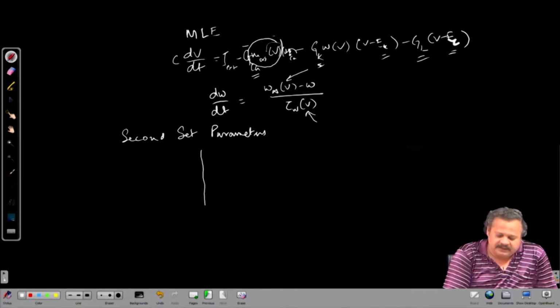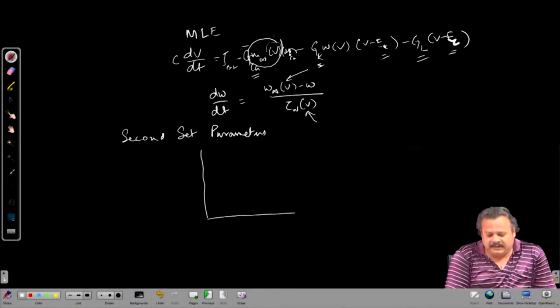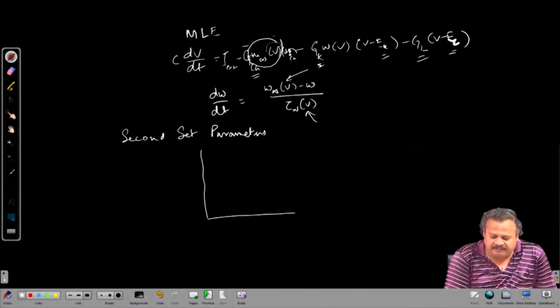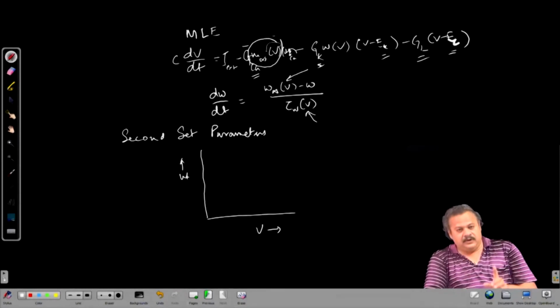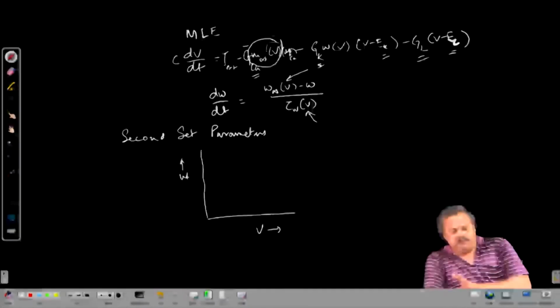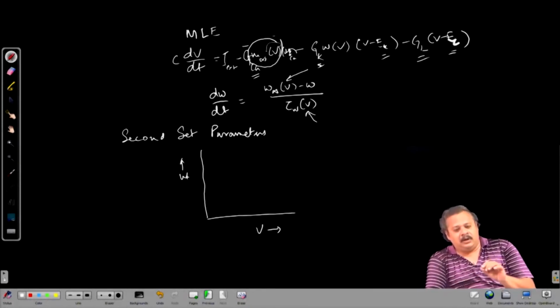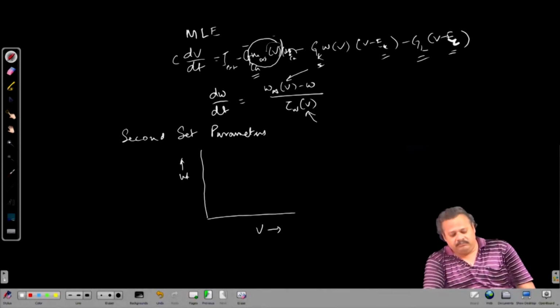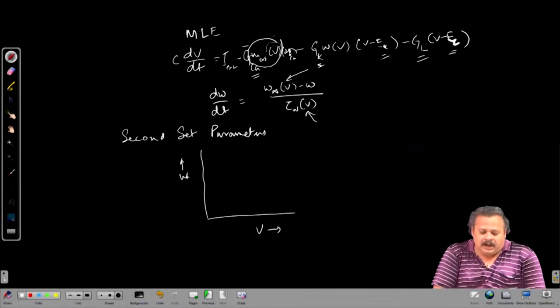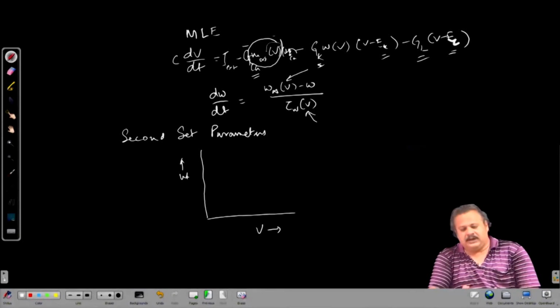So, let us draw the phase plane, with this being V and this being W. Earlier, when we studied the Morris-Lecar equation, we always had one equilibrium point, the case where we showed near threshold behavior, and the case where we talked about how it spirals out into a limit cycle, or periodic behavior. In this case, with this set of parameters, the nullclines become different.